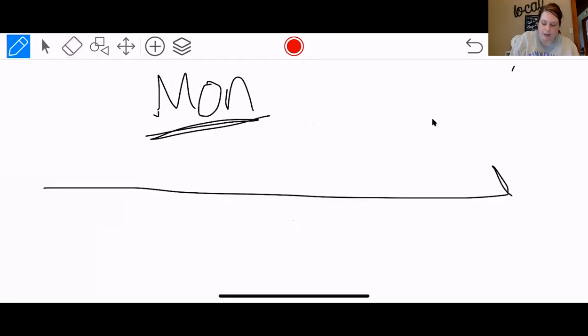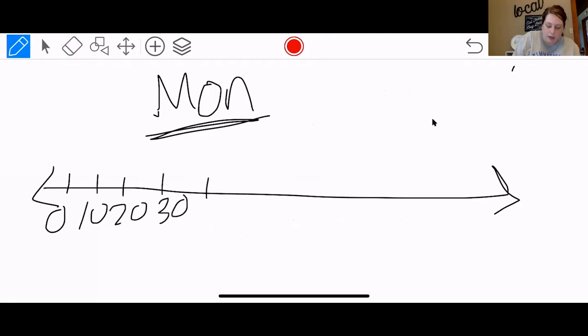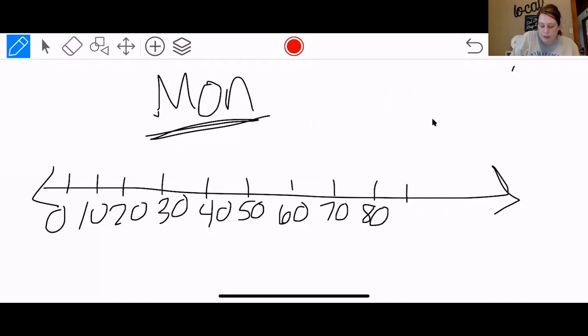Okay, so they have a number line, and they're starting with 0, and they're counting by tens. So 10, 20, 30, 40, 50, 60, 70, 80, 90, 100, 110, 120.